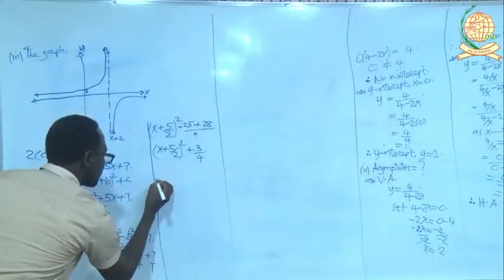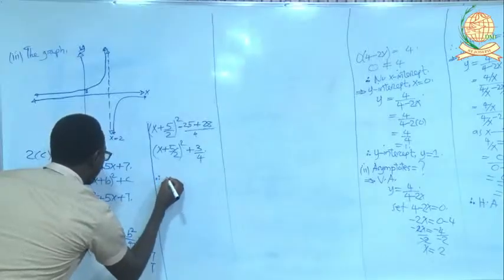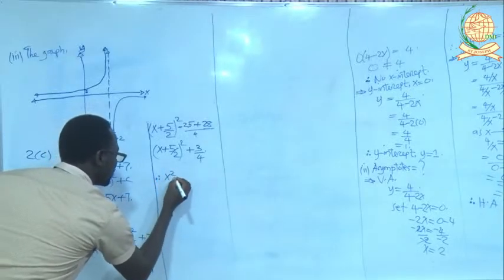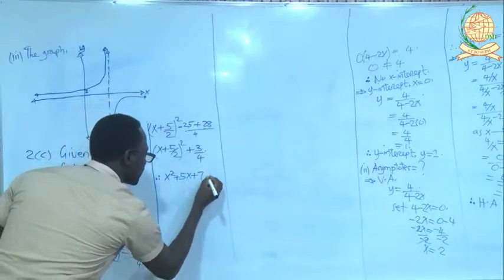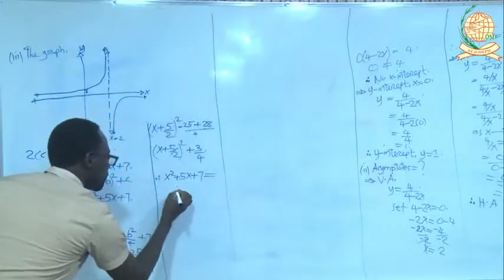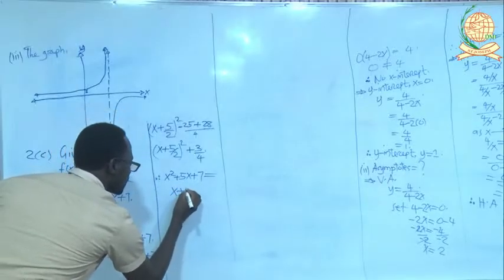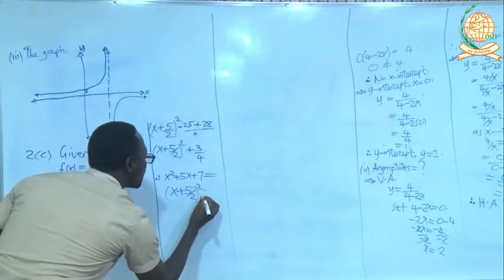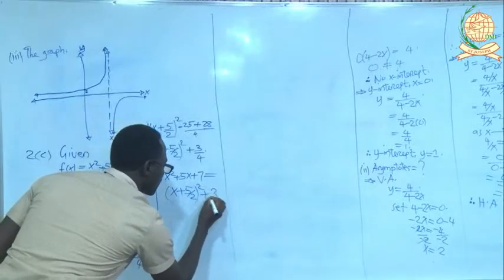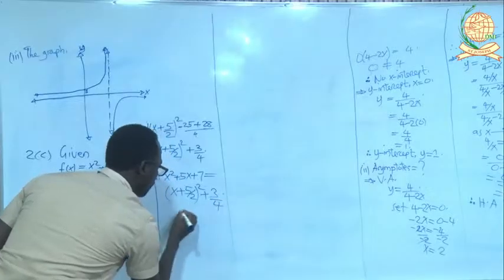So therefore, this one, x squared plus 5x plus 7, is equal to x plus 5 over 2 squared plus 3 over 4.